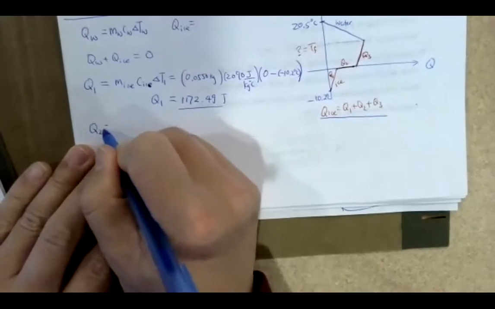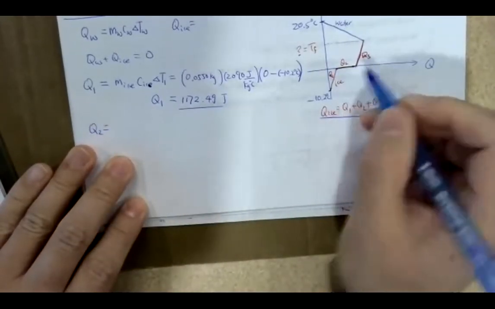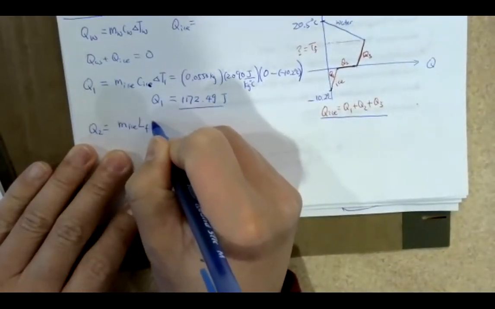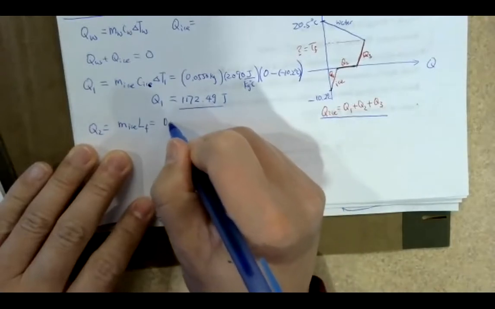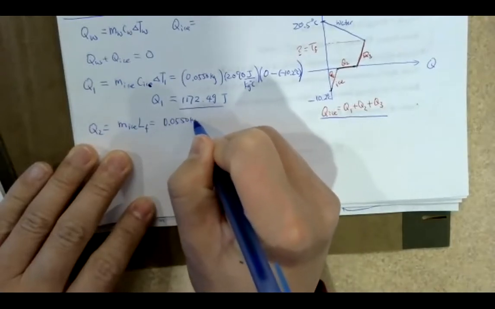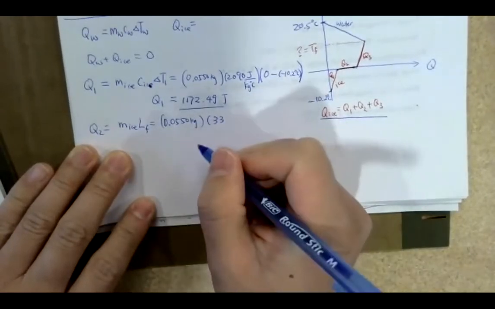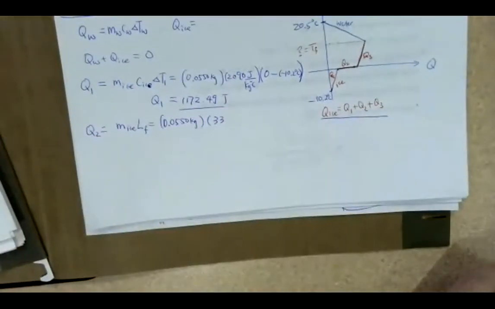For Q2, it's going to be equal to the mass. This is a phase transition now, the temperature doesn't change. Mass of the ice times latent heat of fusion, 0.055 kilograms times 335,000 joules per kilogram. It's given as 335.